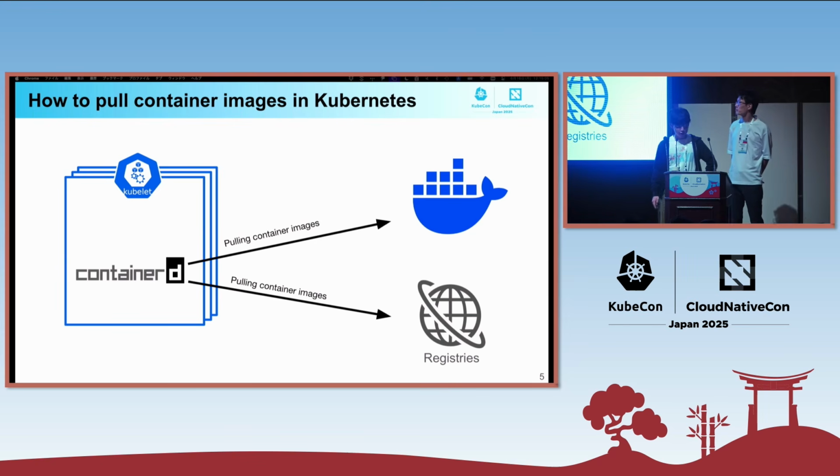Let's quickly review the basics of how container images are pulled in a standard Kubernetes cluster setup. As illustrated here, the kubelet running on each worker node communicates with a container runtime, in our case typically containerd, through the container runtime interface. Through the interface, the kubelet tells it to pull the required container images from registries like Docker Hub or others.